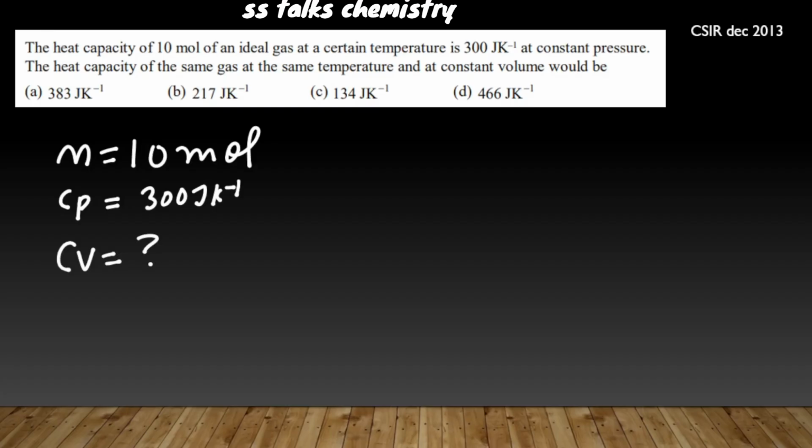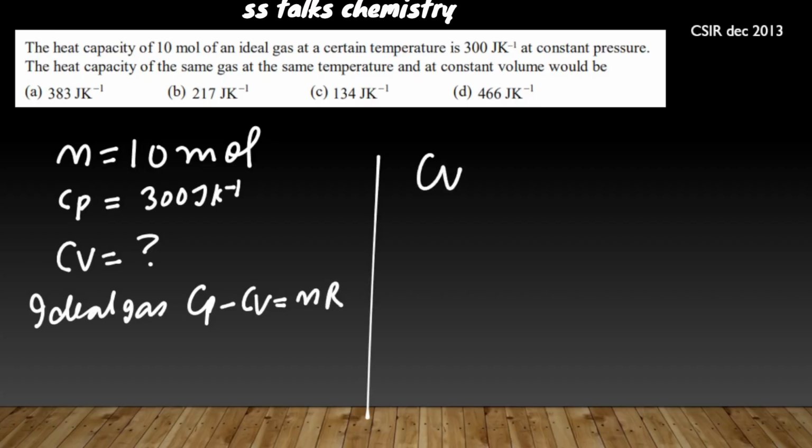Now for an ideal gas, Cp minus Cv is equal to nR, right? So from here Cv is going to be Cp minus nR. Cp value is 300 joules per Kelvin. Now here we have to subtract nR.